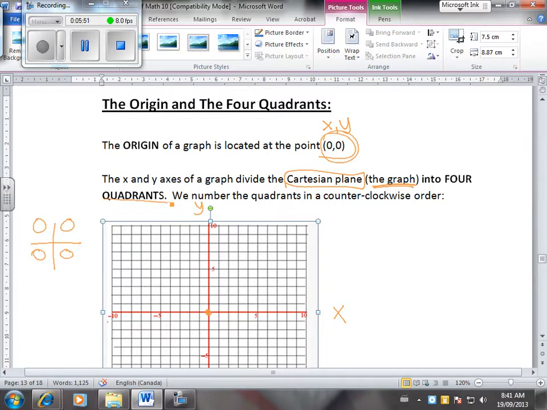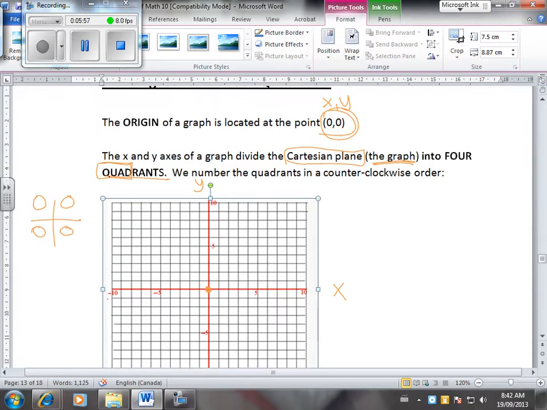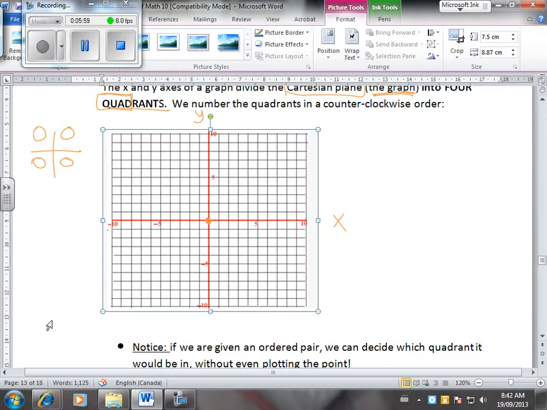Quadrant meaning 4, okay? And we number these quadrants in a counterclockwise order. This is the accepted way to do this. Don't make up your own order. This is one of those things that you should be able to go to, like, Belarus, if that's still a country, and they should be numbering their Cartesian plane in the exact same way.